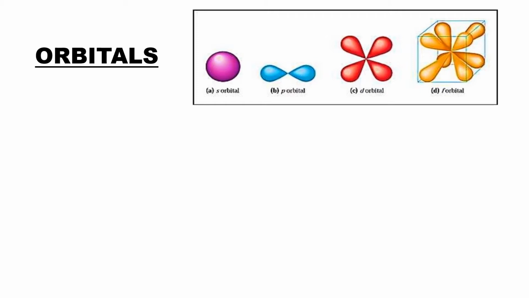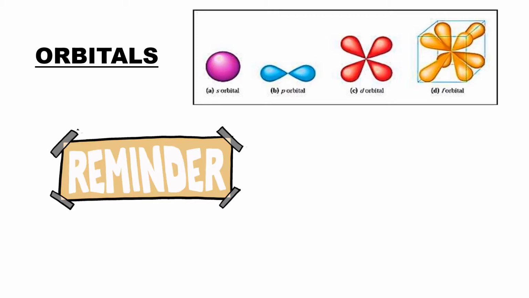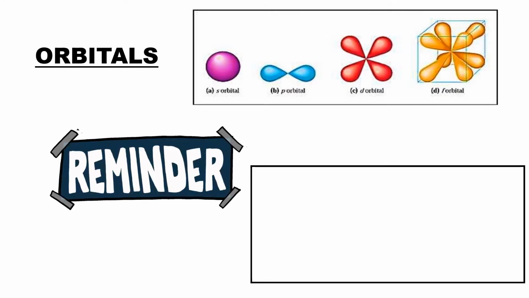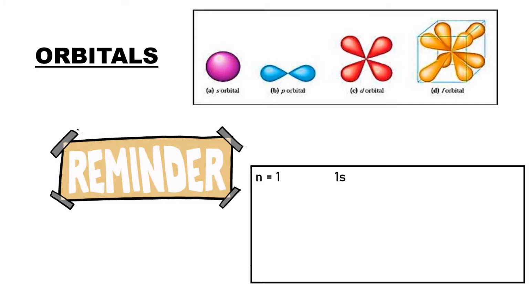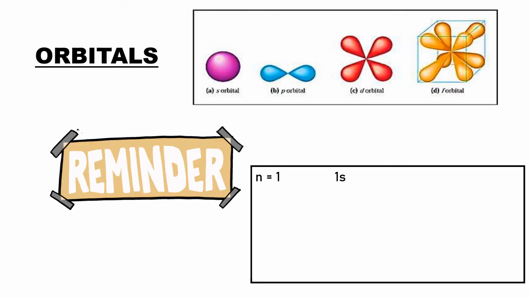But also, as a reminder, something that you need to know is that the number of the sub-energy levels is actually equal to the number of sublevels. So when n is 1, you only have one sublevel, and that is 1s.